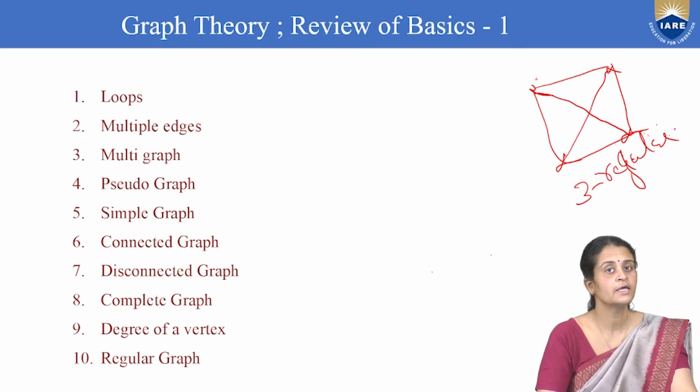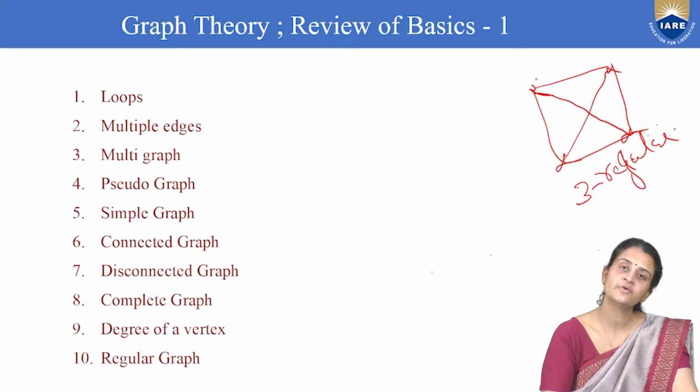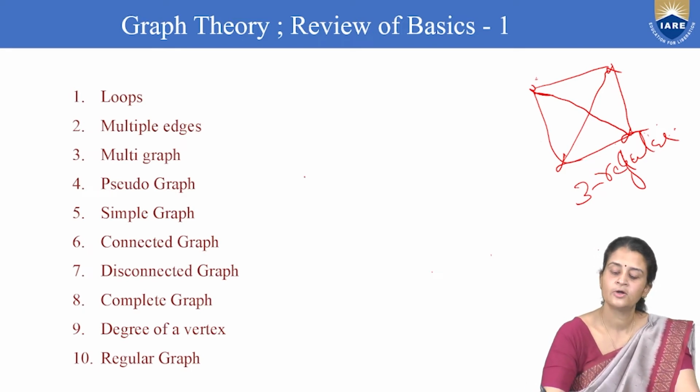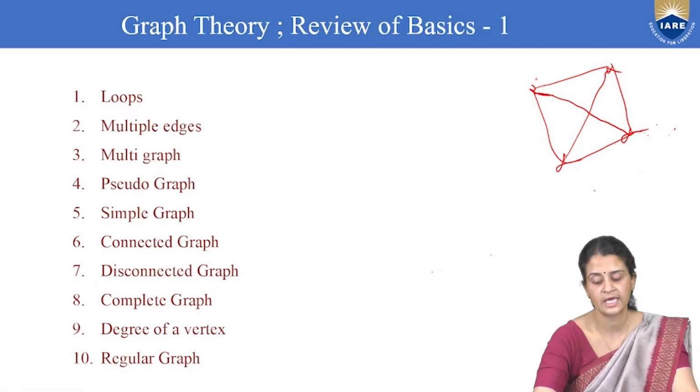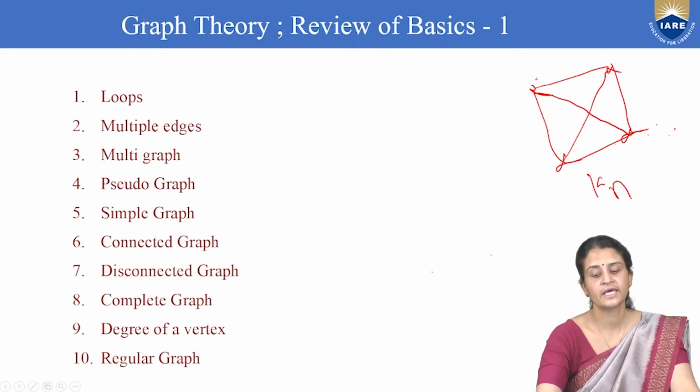When we have learned about the complete graph, just look at this. Is the given graph a complete graph? Yes, it is a complete graph on 4 vertices. This is K4. What about the regularity of this one?